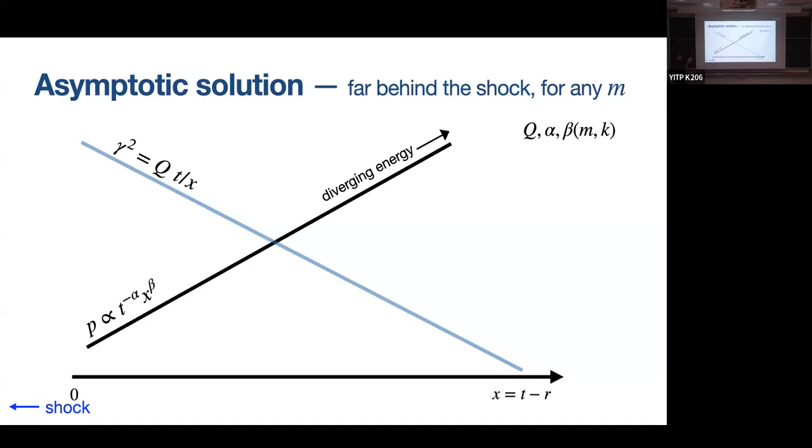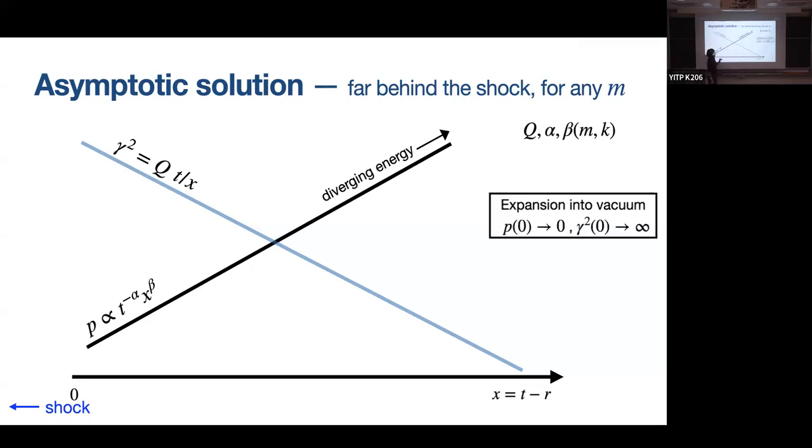A very interesting thing that we can see from this kind of behavior is that these profiles actually agree with the description of expansion into vacuum. Expansion into vacuum is defined by a pressure that goes to 0 at x equal to 0, as you can see happens here, and a Lorentz factor that goes to infinity at x equal to 0.